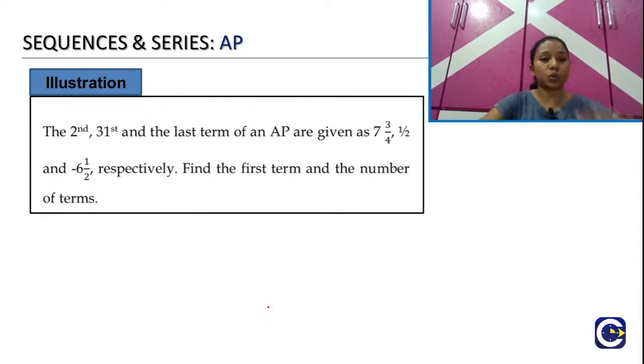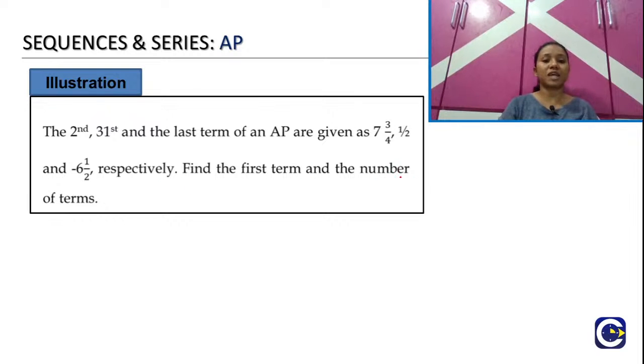So let's do a question related to our arithmetic progression here. We have already done 2-3 questions in this particular concept in our previous session, so let's do one more question. Let's read that. The 2nd, 31st and the last term of an AP are given as 7 3/4, 1/2 as well as minus 6 1/2 respectively.